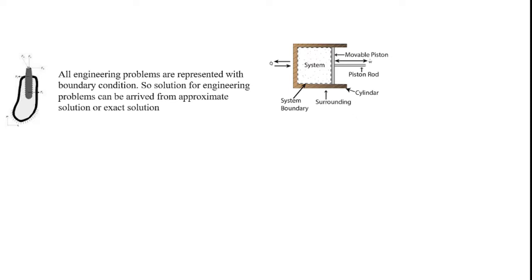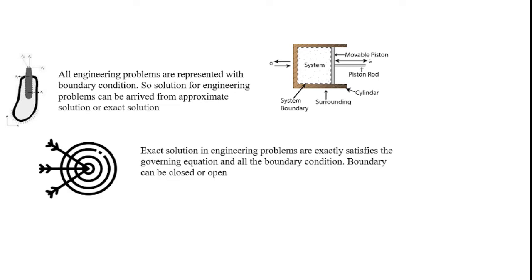The solution for engineering problems can be arrived at as an approximate solution or an exact solution. What is meant by approximate and what is meant by exact solution? First, the exact solution in engineering problems exactly satisfies the governing equation. What is the governing equation? In the previous video I explained the F equals ma equation and how we can formulate the governing equation.